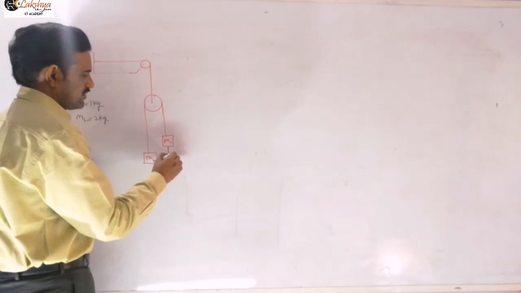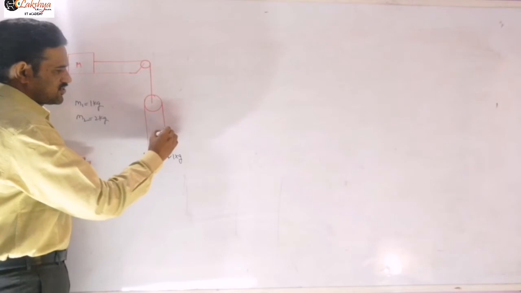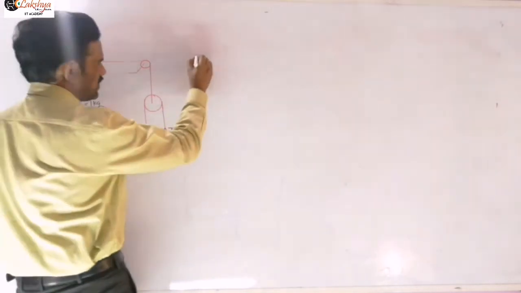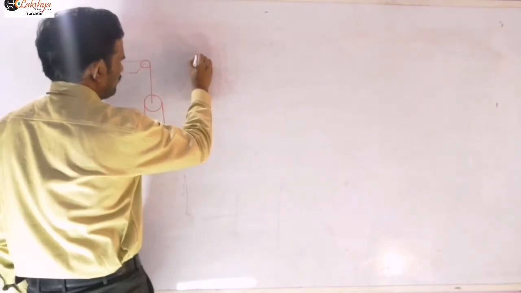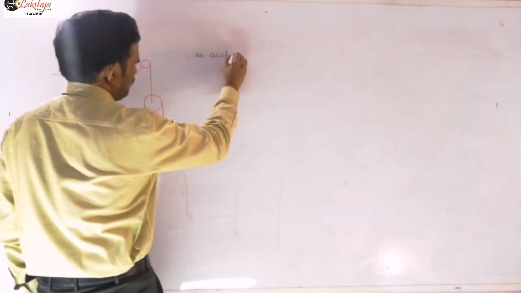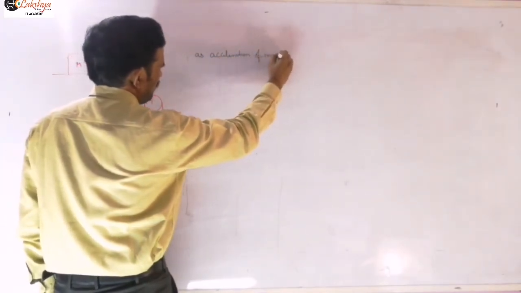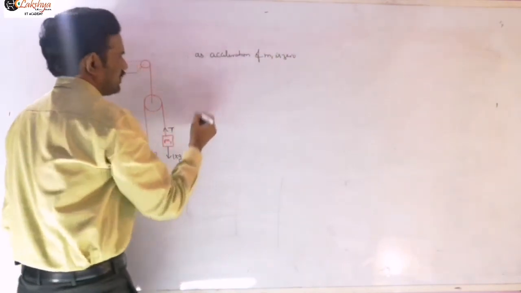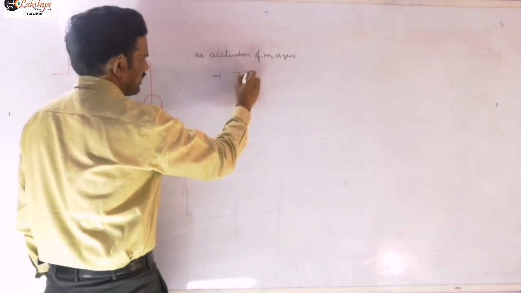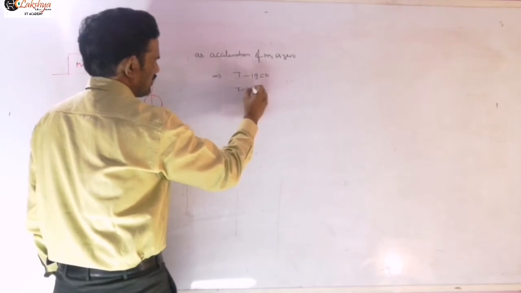Its mass is 1 kg, so 1 into g, and some tension T let us consider here. As the acceleration of m1 is 0, we can write tension minus 1 into g is equal to 0, or tension is equal to 10 newtons.